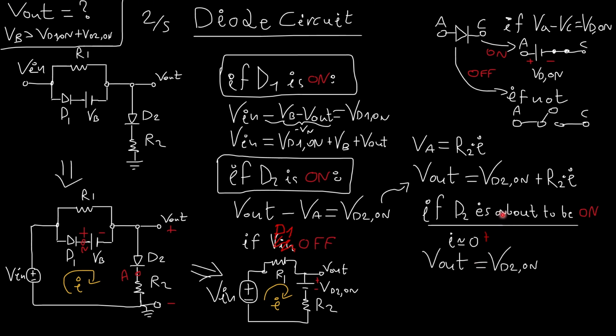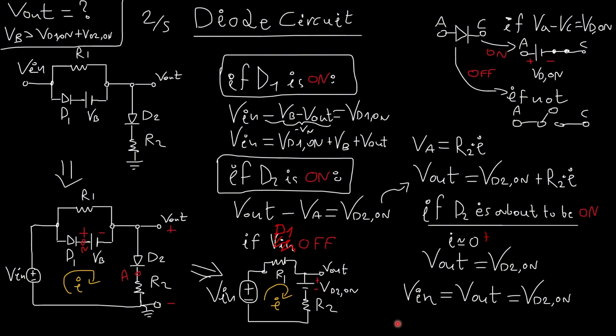In that case, Vout must be equal to Vd2 on because this is very close to zero. Well, if Vout is Vd2 on, and if the current is zero, then the input voltage will be equal to the output voltage, which would be equal to Vd2 on. Again, this is true because there is no current here, so there is no voltage drop here, or here, for that matter.